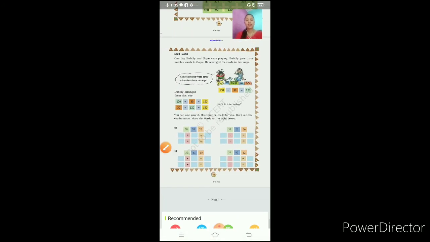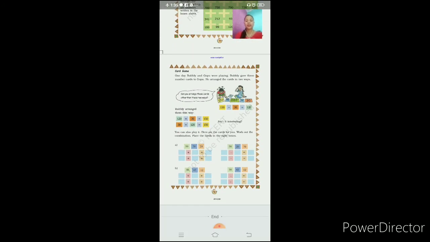Now it's the last page, page number 45. Okay, on this page you have to make some combinations with two symbols, addition and subtraction, and one sign of equality, with lots of numbers. First is 50, 70, equals to, and 20.